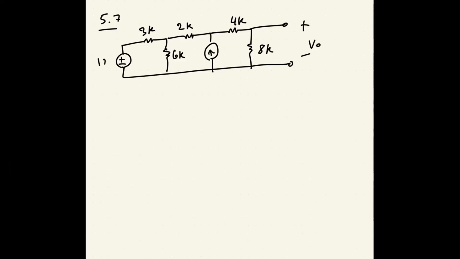The 12-volt source, and this is a 2 milliamp source. I really hate when they throw in numerical examples because I like to do things more algebraically, and having to write all these numbers makes everything a little more difficult.